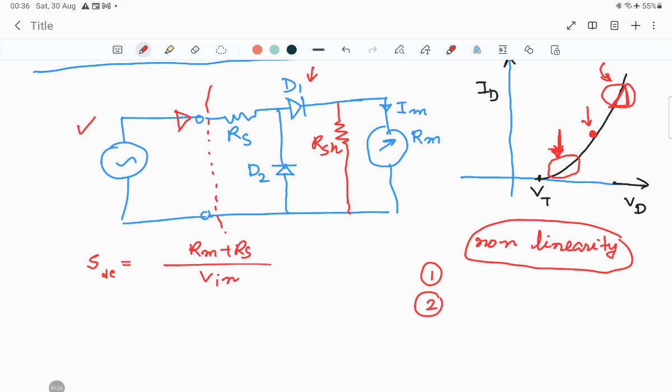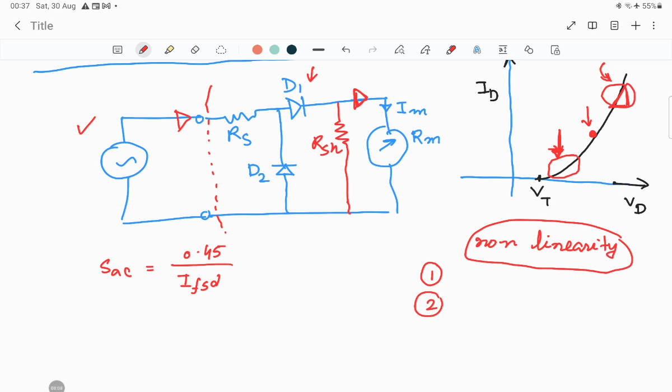If we reduce the resistance, the formula is like this: 0.45 by IFSD, right? So what you can see is that the current flowing through the Rm, the Im value, will be much higher than the previous one. So ultimately the sensitivity of this voltmeter will reduce.